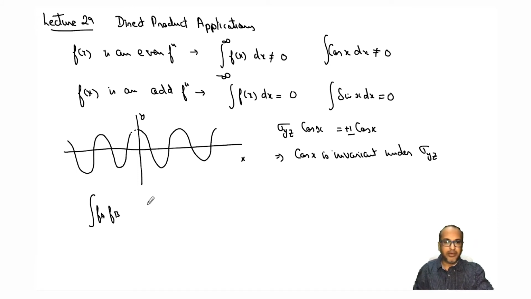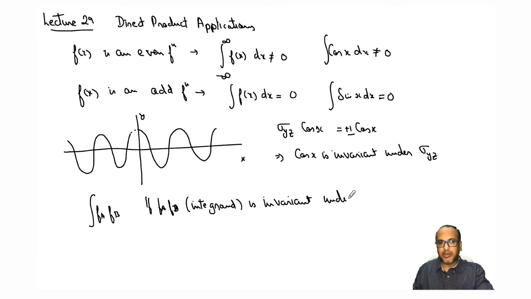So let's say if this integrand, the product of fa and fb, is invariant under all the symmetry operations a molecule has.